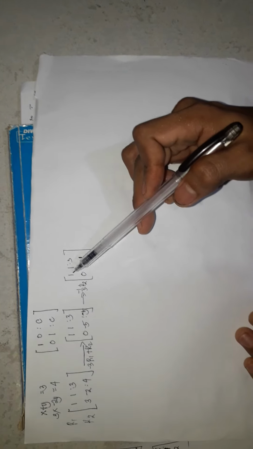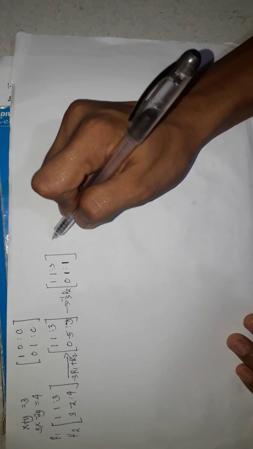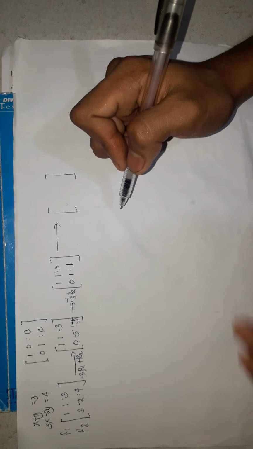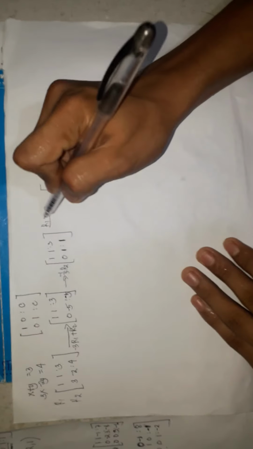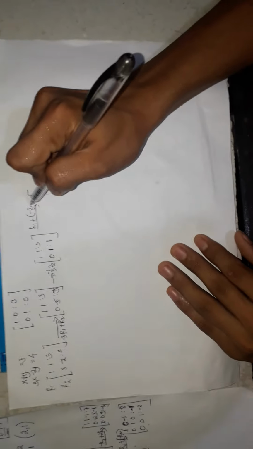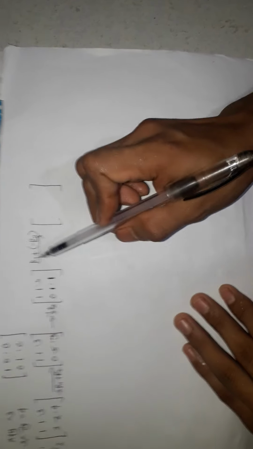Now, if we look at the first row, its identity is 1, 0. We should make the y column of the first row 0. So what we're going to do is manipulate again using the elementary row operation. We manipulate R1 plus negative R2.